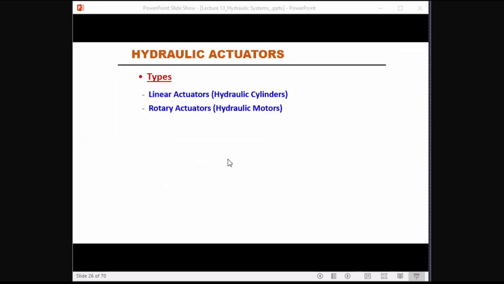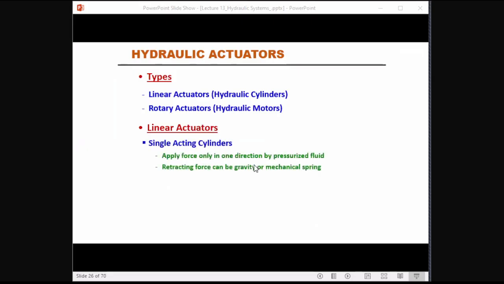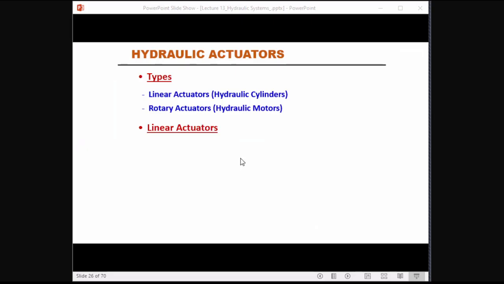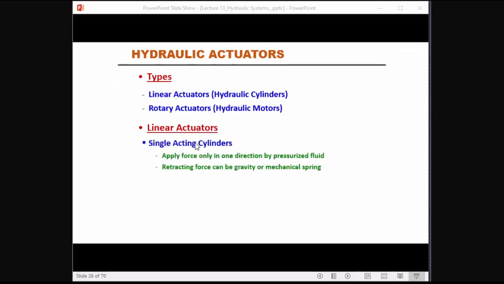Then here you can see actuators: linear actuators and rotary actuators. Okay, under linear actuators we can discuss single acting cylinders and double acting cylinders.